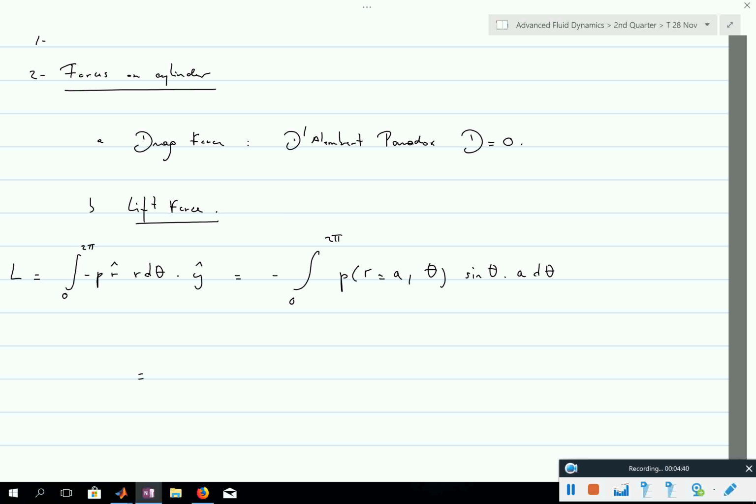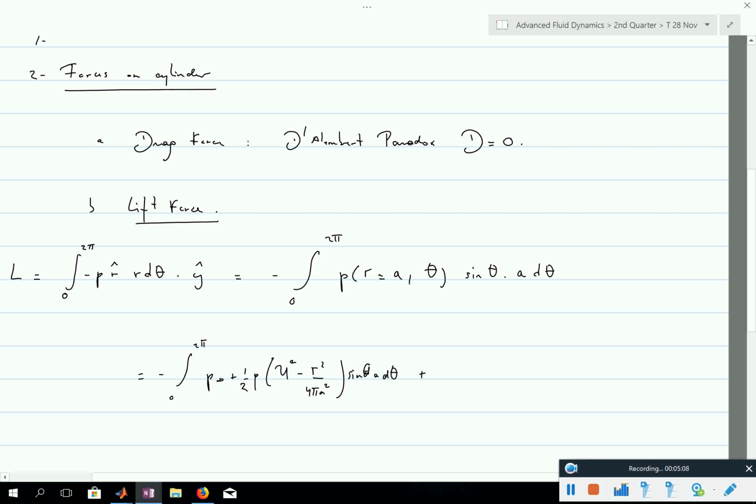And so what you would get if you computed that would be, let me just write it, the integral from 0 to 2 pi of p infinity plus 1/2 rho capital U, which is the flow at infinity, minus gamma squared, which is the circulation, over 4 pi a squared, times sine theta, a d theta.